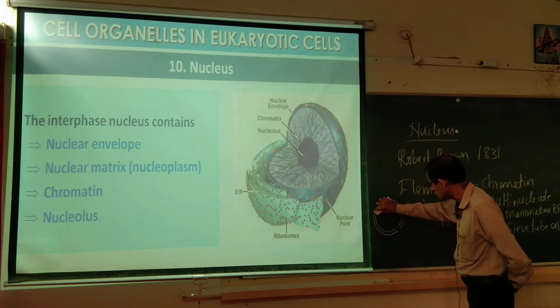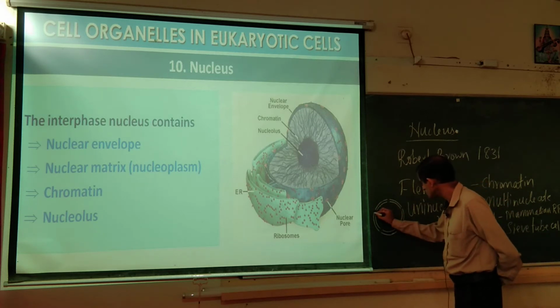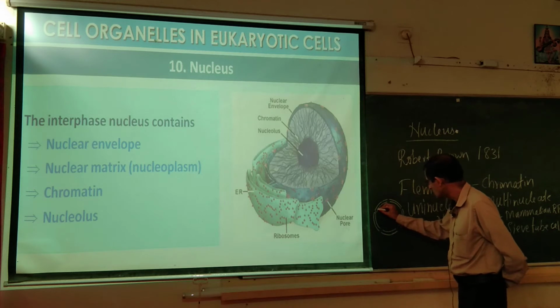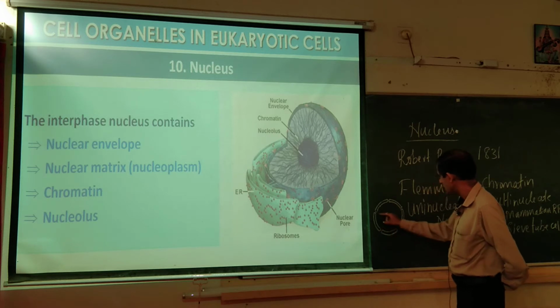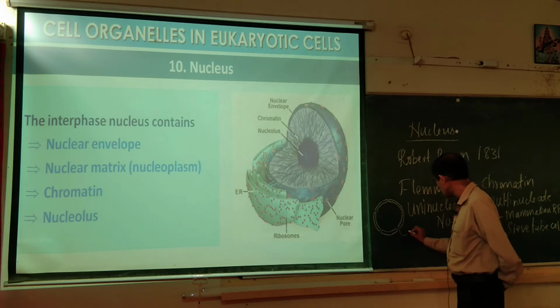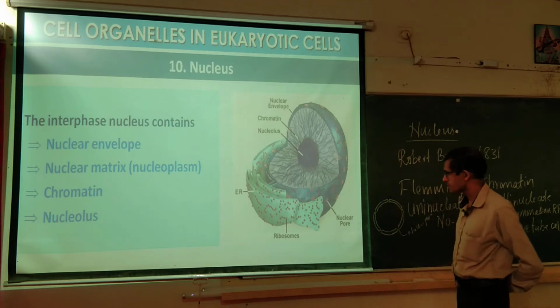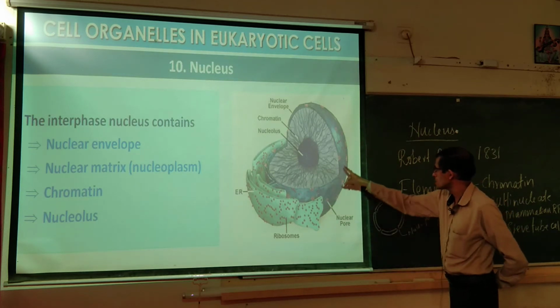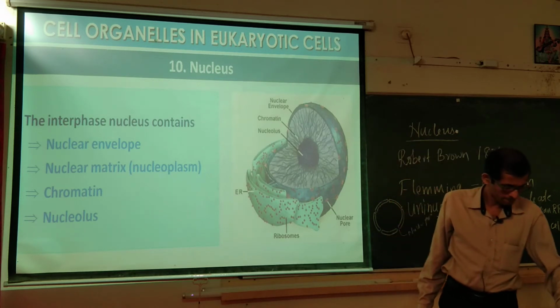This is the nuclear pore, which is important for the movement of materials, or communication between the inner part of the nucleus and the cytoplasm of the cell. So, for that we observe a small opening, the nuclear pore, on the surface of the nuclear envelope.